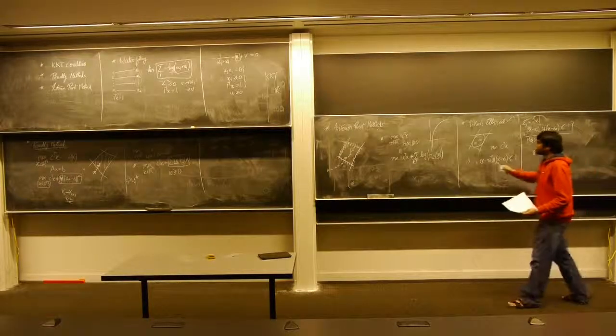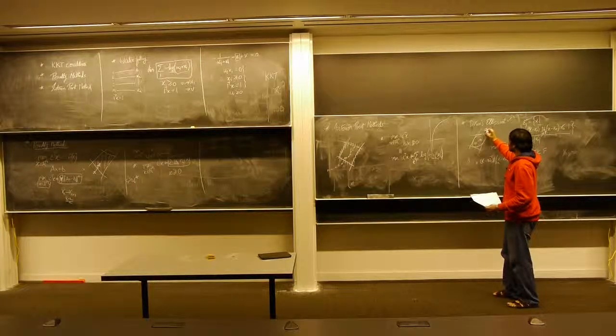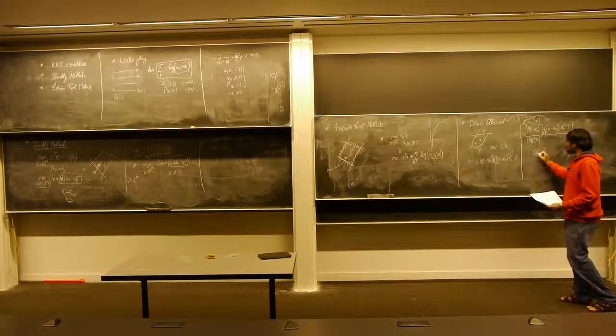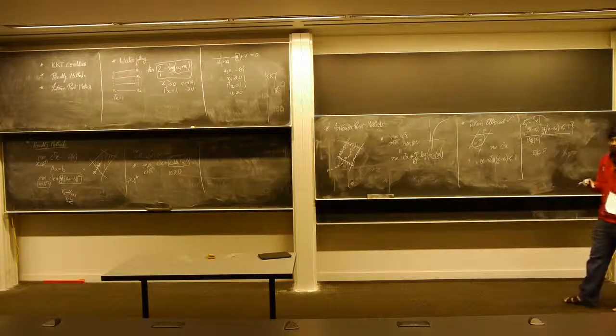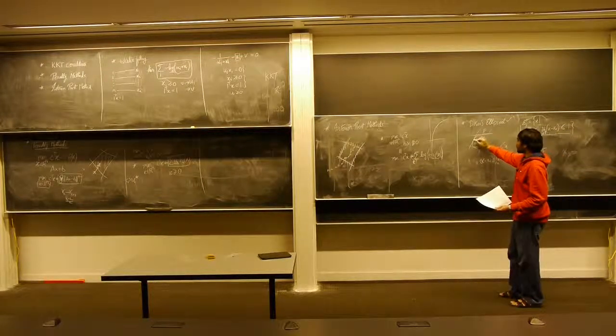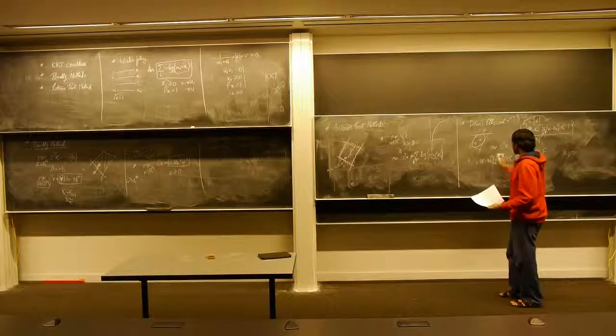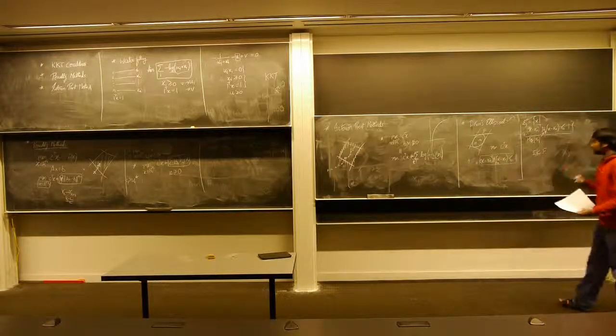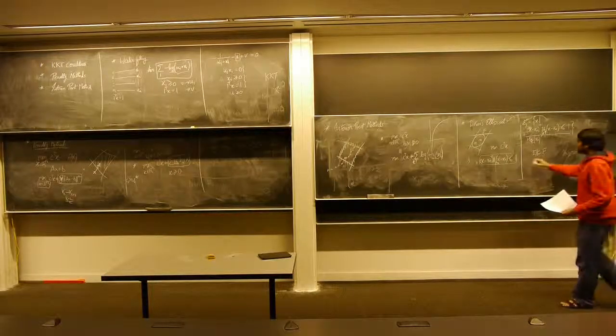So if I call my feasible region F, what we can show is this ellipsoid will actually be inside your feasible set. So that's good. This constraint will make sure that you will always be inside the feasible region, and then you're minimizing this function, right?